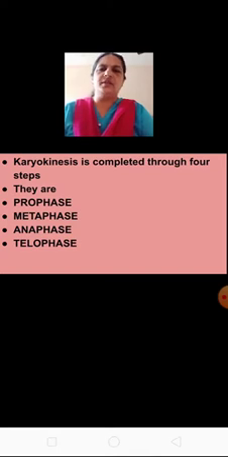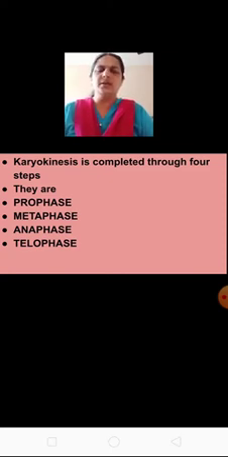And in telophase, there is division. There are two nuclear membranes, two cells, and daughter chromosomes present. They will be similar to the parent because there is no crossing over taking place, and two diploid cells are formed in mitosis.